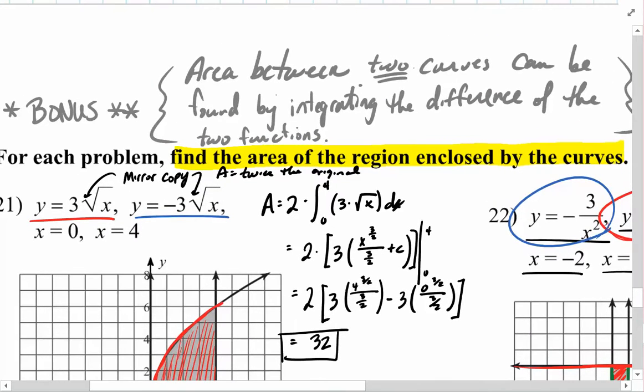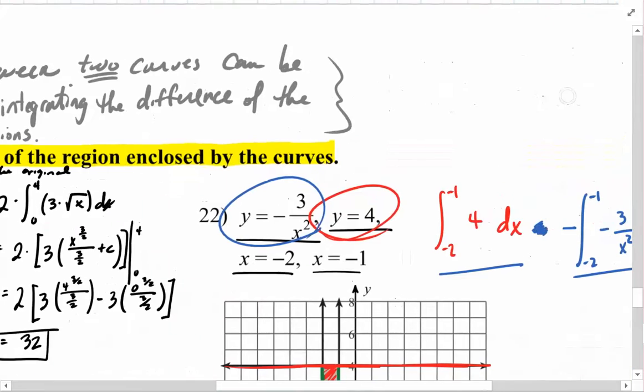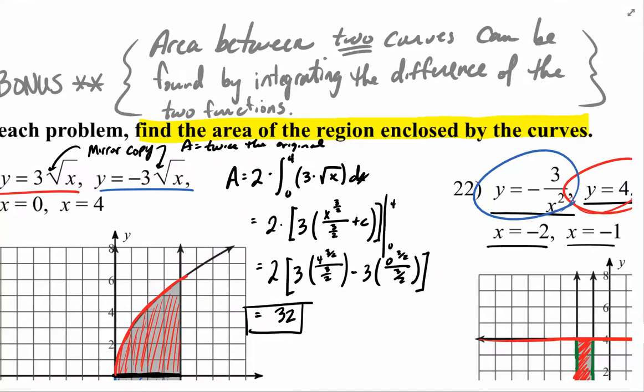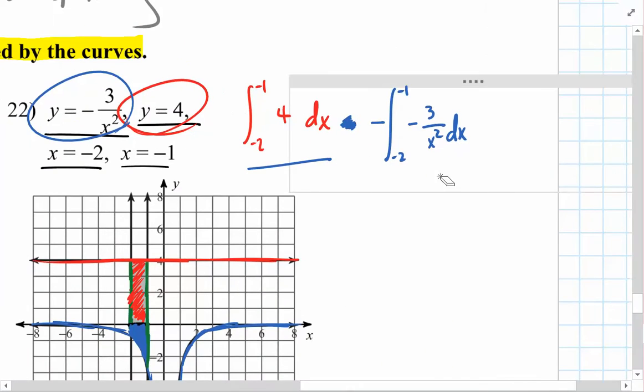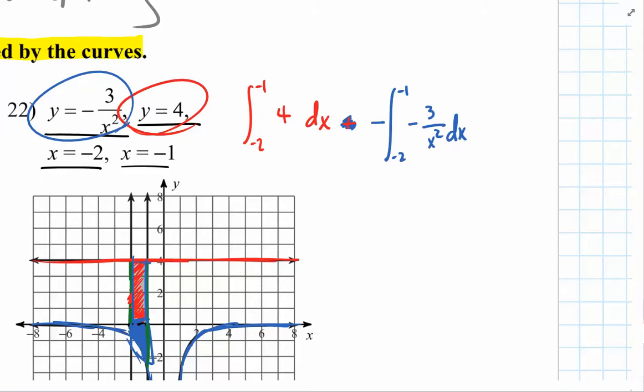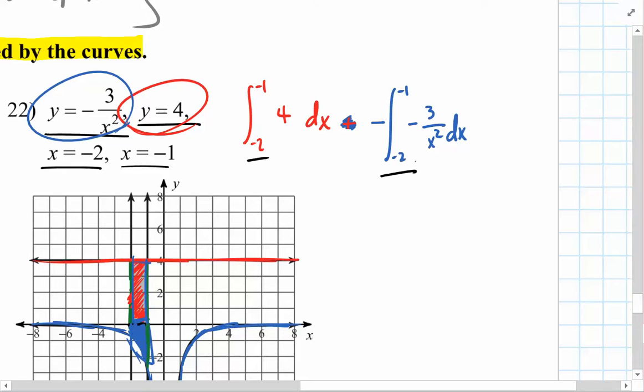That area can be found by integrating the difference of the two functions. So rather than computing two separate integrals, that's not always beneficial to us. This one's not too bad since we have a rectangle on top and then this other irregular shape on the bottom. But sometimes it just makes sense, since we have the same boundaries of integration here, to write a single equation.